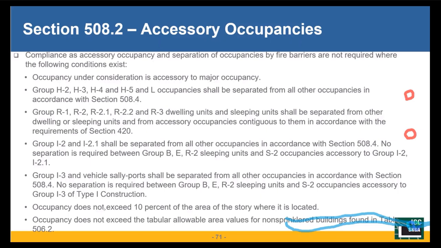And also the accessory occupancy itself should not exceed the allowable area in Table 506.2, or the tabular area for a non-sprinklered building. So if you meet all these requirements, you do not need to separate the accessory occupancy from the main occupancy.